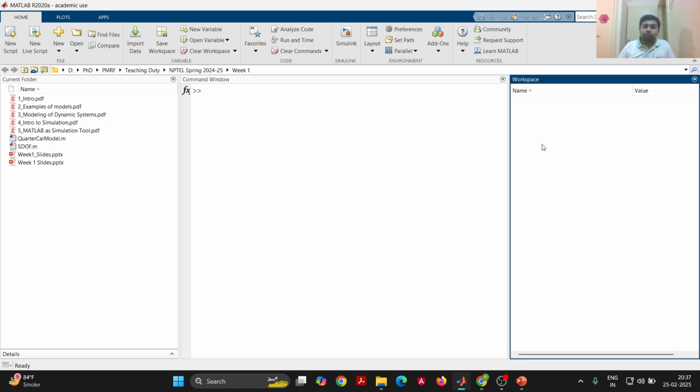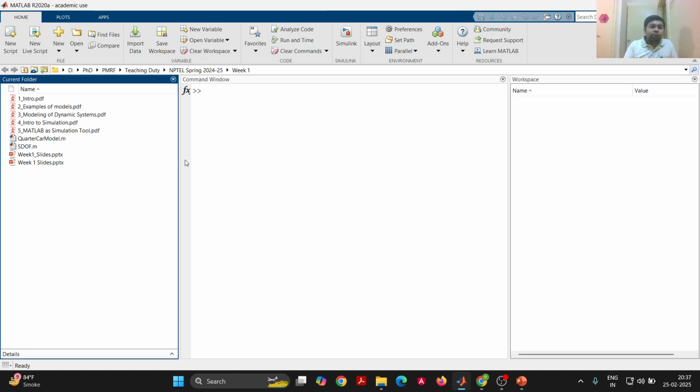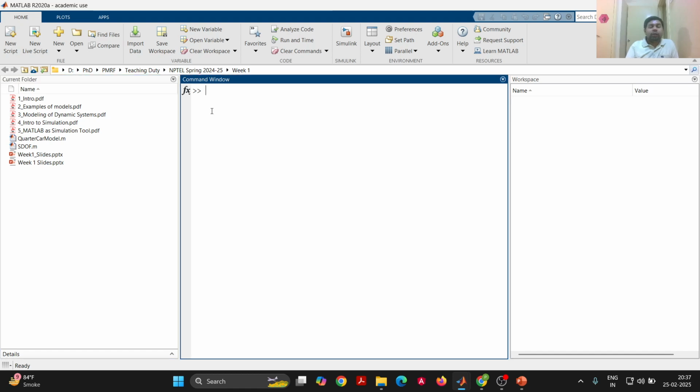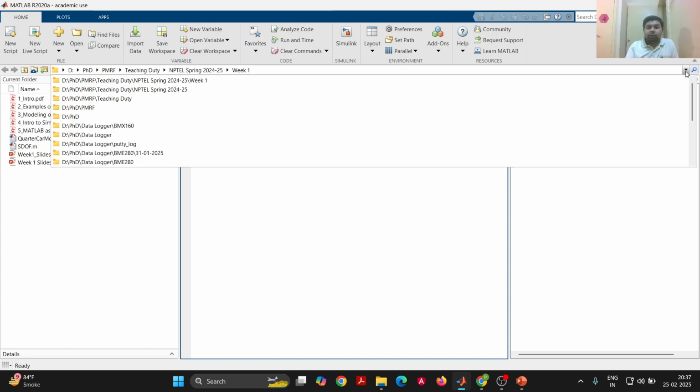On the extreme left hand side, it shows the current folder in which we are present and the different files in this folder. You can set the working directory here.